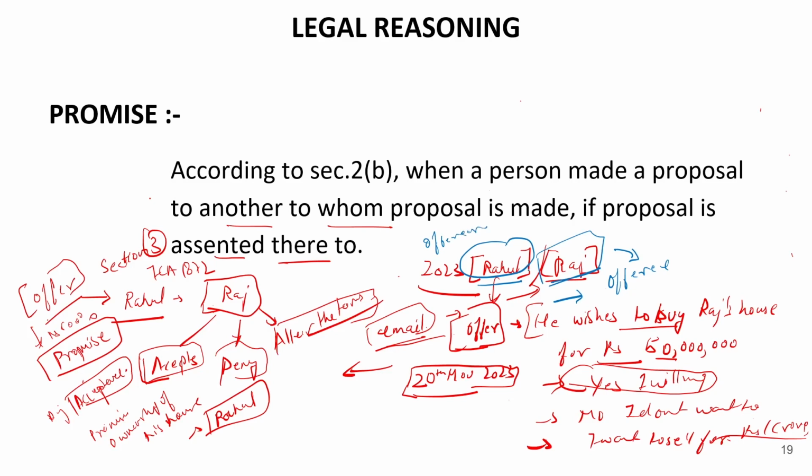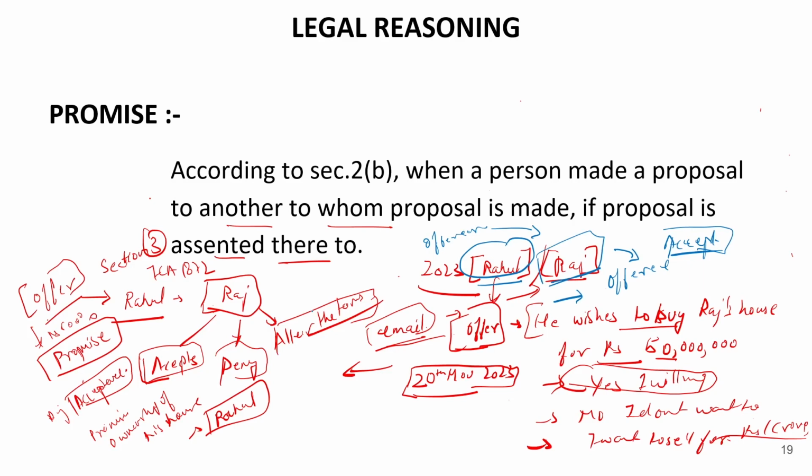Once the information has reached and the offeree has read it, only then can he accept it. It is very logical to understand that until the offer has been communicated from the offerer to the offeree, he cannot accept it. Can there be acceptance if there is no offer? No, the answer is clear. There has to be an offer, and only then can it be accepted.